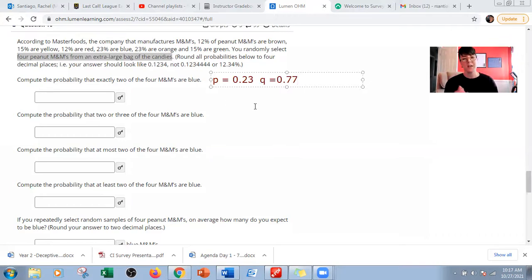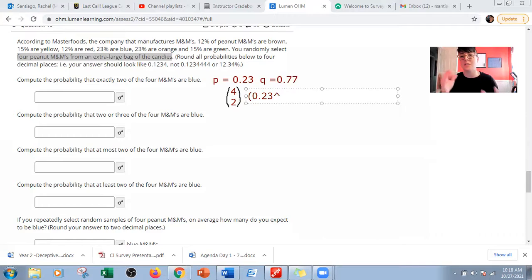Okay, so we have the probabilities. Now we want to actually use the formula. As we know, we're choosing exactly 2. So the formula is going to be 4 choose 2. And I'm going to write this out by hand, because we don't have the fancy notation here. So 4 choose 2, this is the combination part. And then you want the probability of success, which is 0.23.